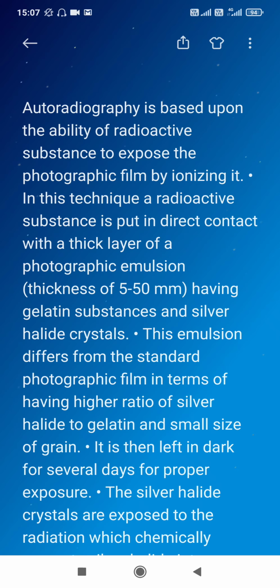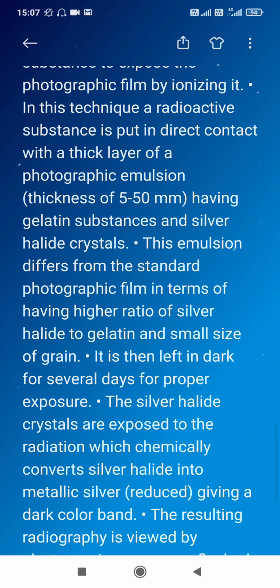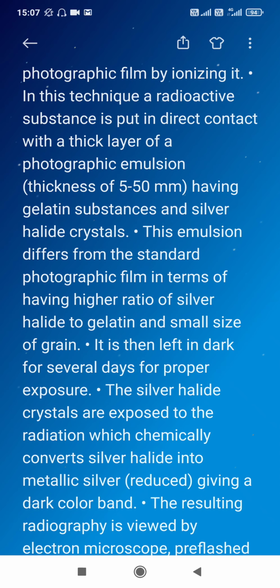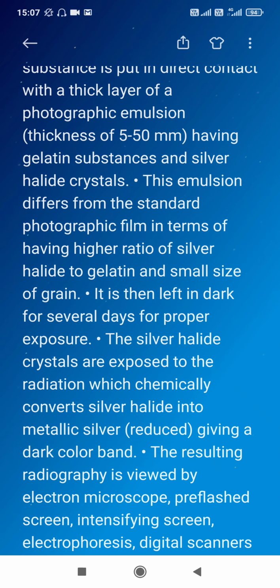In this technique, a radioactive substance is put in direct contact with a thick layer of photographic emulsion. That photographic emulsion has a gelatin-like substance and silver halide crystals, and this emulsion differs from the standard photographic film in having a high ratio of silver halide to gelatin.